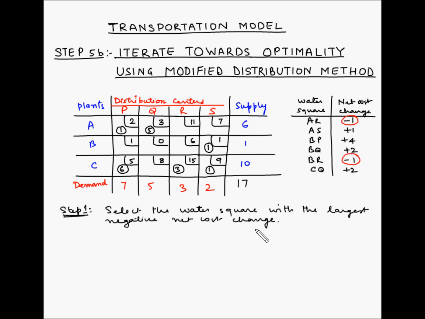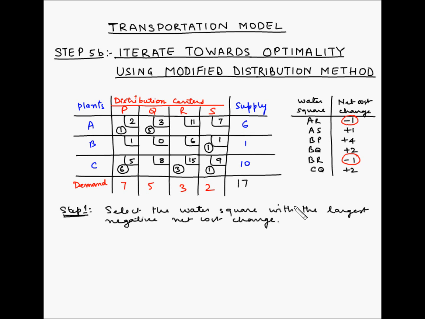Now we want to choose the square with the largest negative net cost change because the larger the negative net cost change, the more is the reduction in cost if allocation is made to that square, and thus we'll need lesser iterations to arrive at the optimal solution.